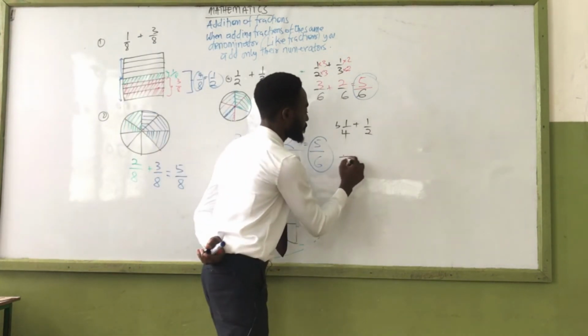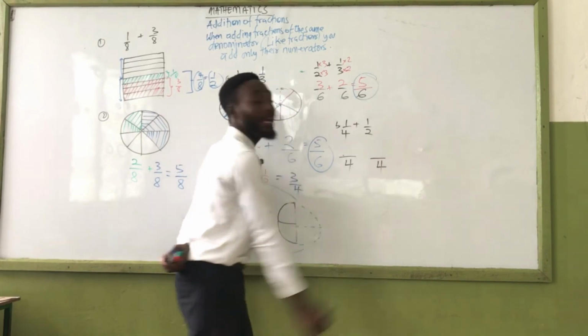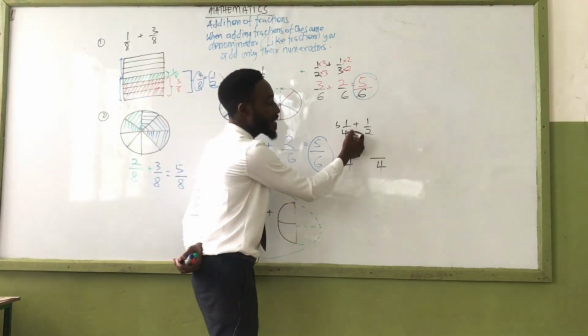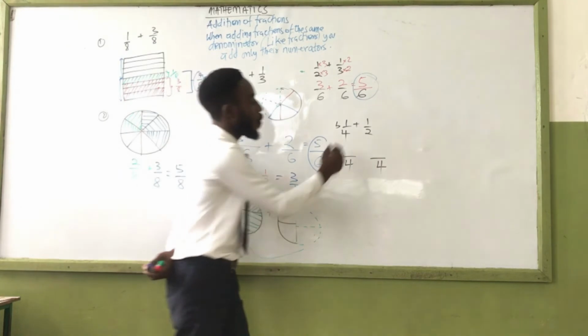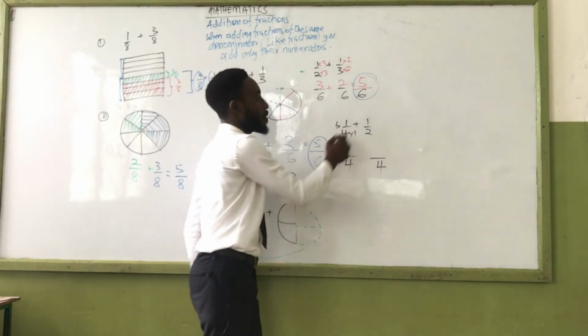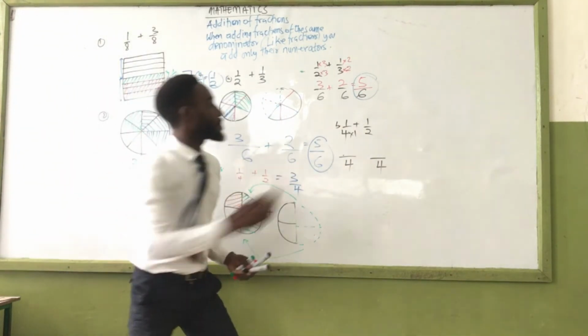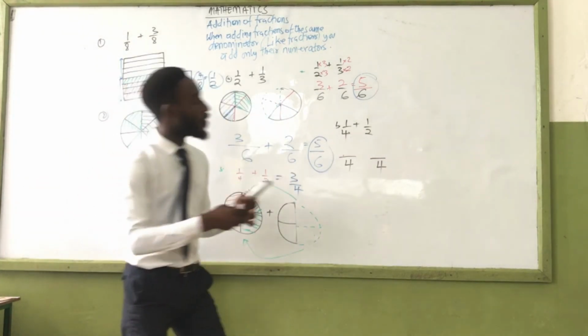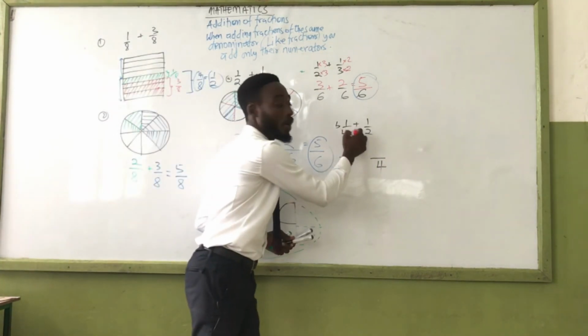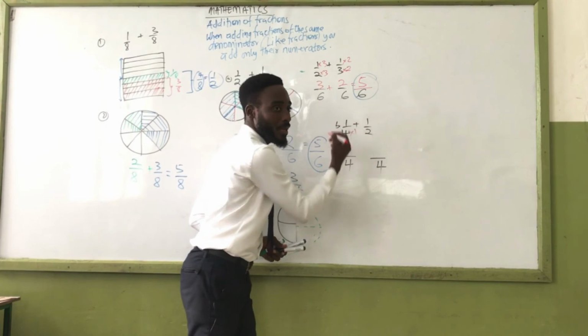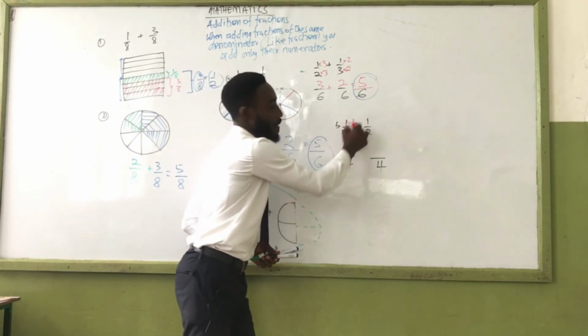All right. 4 here, 4 here. What multiplies 4 to give us 4? 1. The same for the top, right? Yes, sir. Hello, Miracle. Watch here.